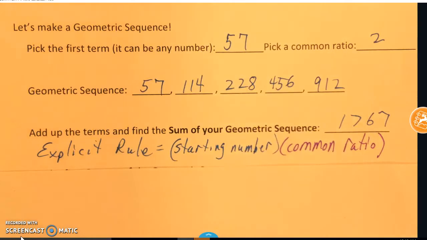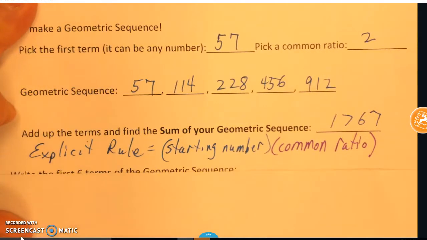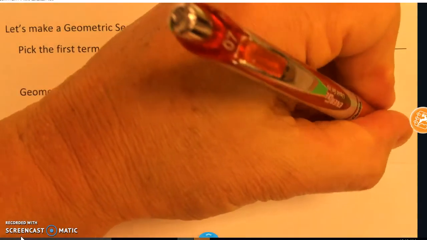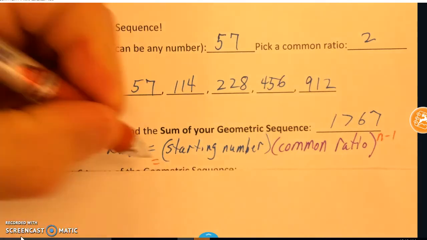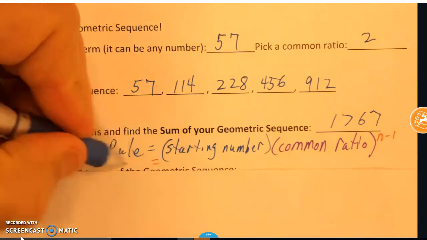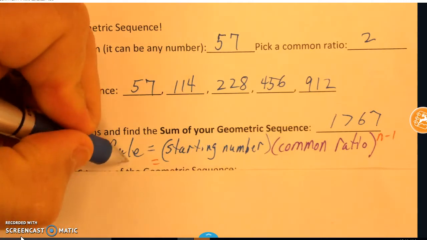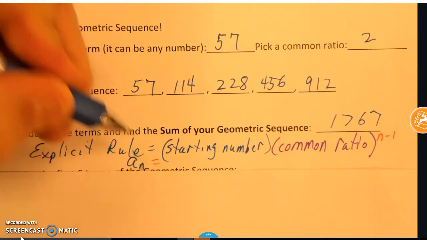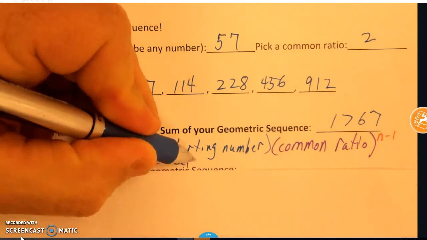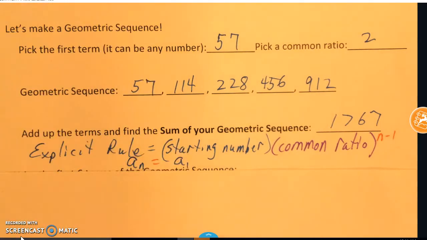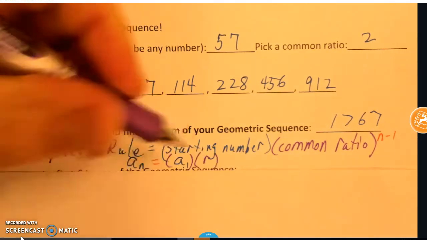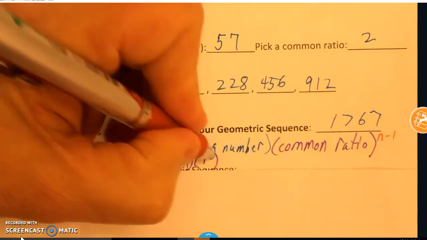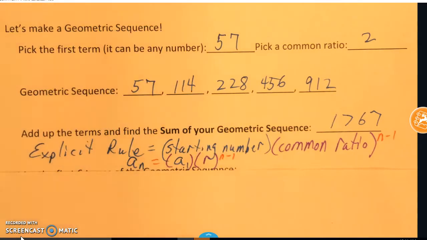Now that common ratio is going to be taken up to the exponent of n minus 1. To write that a little bit smaller, if we call our sequence a sub n, it is going to be a sub 1, the first term, and then we're going to multiply that by our common ratio, which is r. And then r is going to be raised to the n minus 1 exponent.